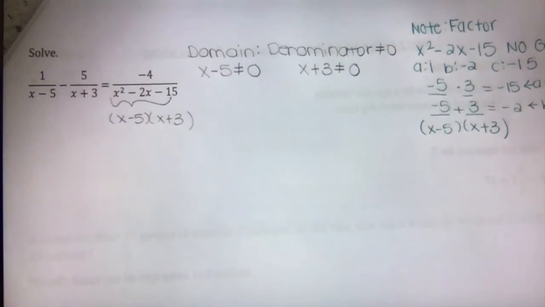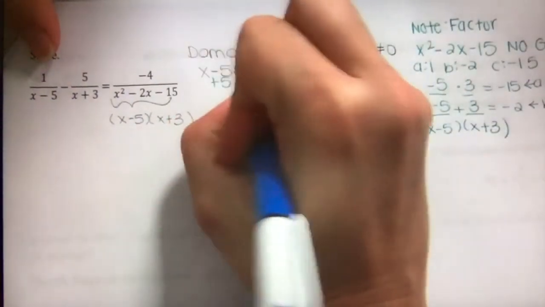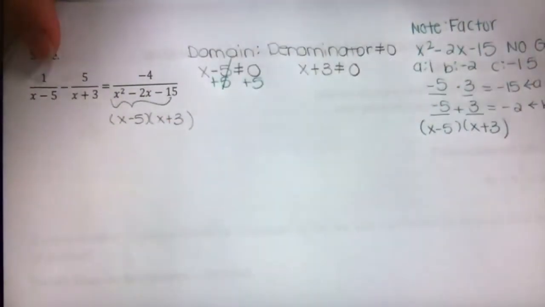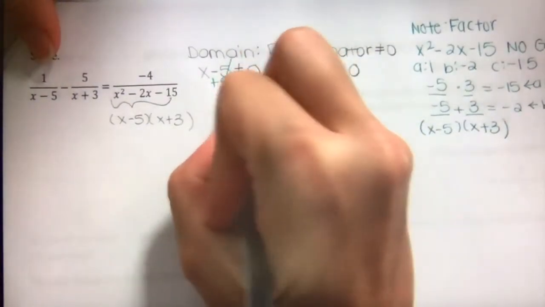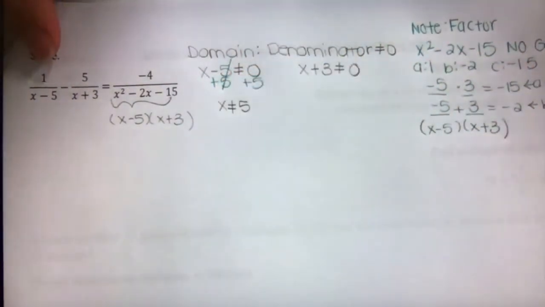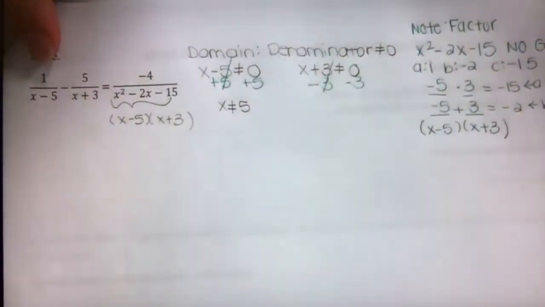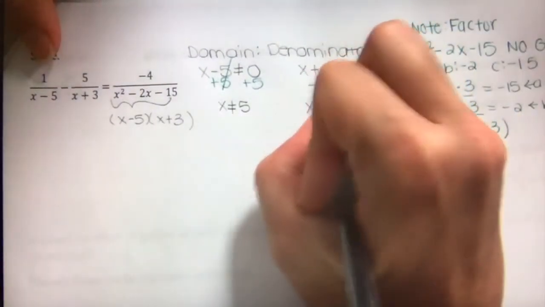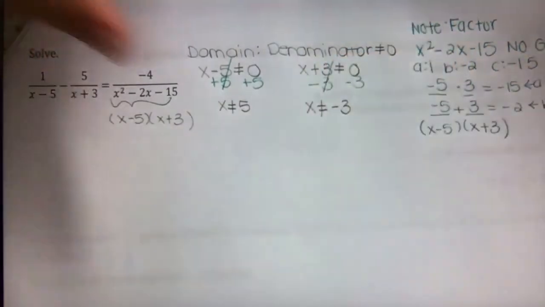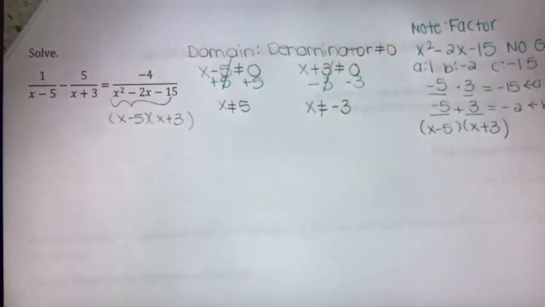So all we have to really solve for is x minus 5 cannot be 0, and x plus 3 cannot be 0. Solving each one separately, we can add 5 to both sides. So x cannot equal positive 5. We are subtracting 3 from both sides. So x cannot equal negative 3. So two things we have to look out for.